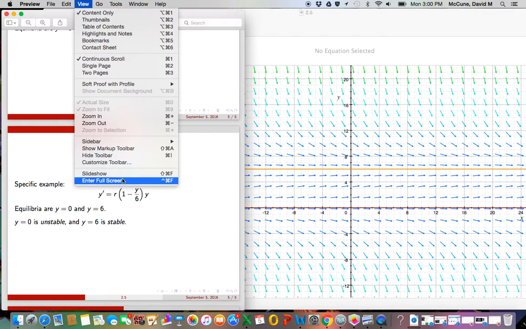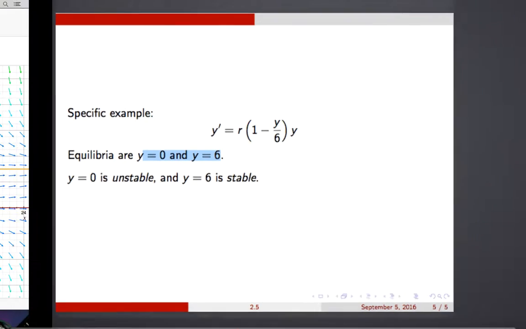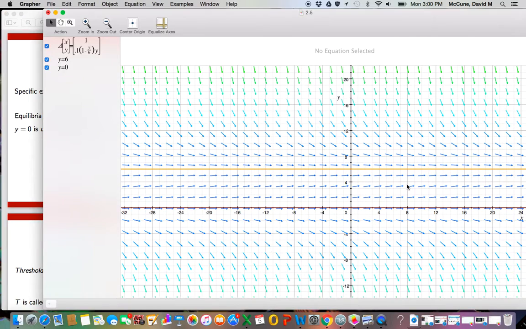If you remember, the point of the section is that, here's a differential equation. If you want to know things about what solutions are doing, all you need to know are the equilibria and whether or not they're stable. And you can see why that's the case now, because now that we know that y equals 6 is stable and 0 is unstable, we know that solutions will flow towards y equals 6, and they will flow away from y equals 0.